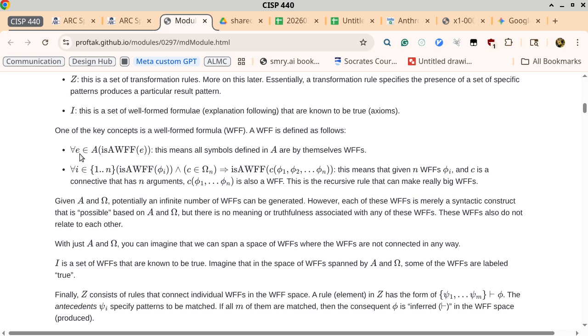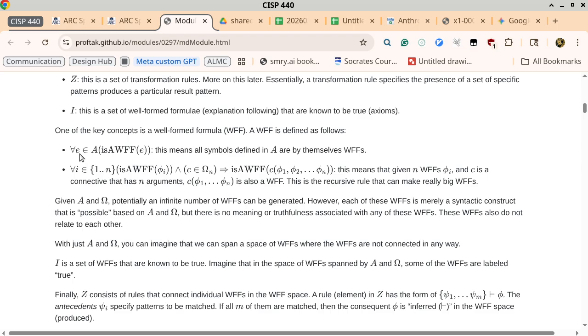I have a predicate called is a well-formed formula. WFF is not a misspelling. It means well-formed formula. It is not a misspelled version of WTF. It really is just WFF.